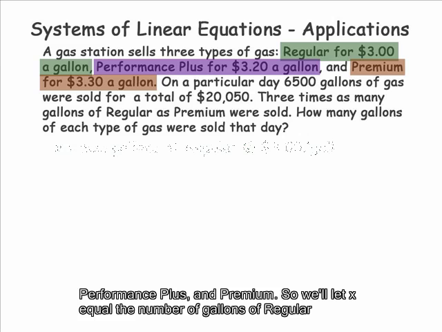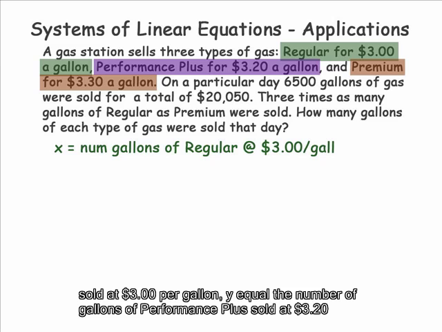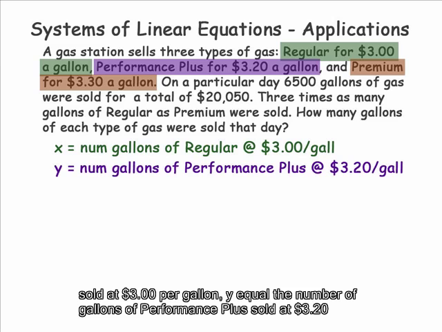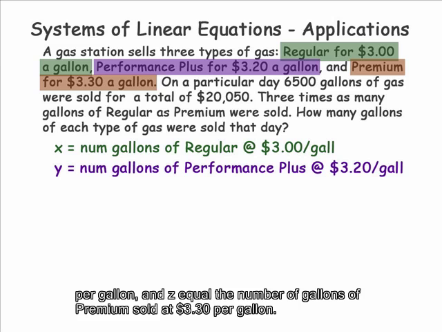So we'll let X equal the number of gallons of regular sold at $3 per gallon, Y equal the number of gallons of Performance Plus sold at $3.20 per gallon, and Z equal the number of gallons of Premium sold at $3.30 per gallon.